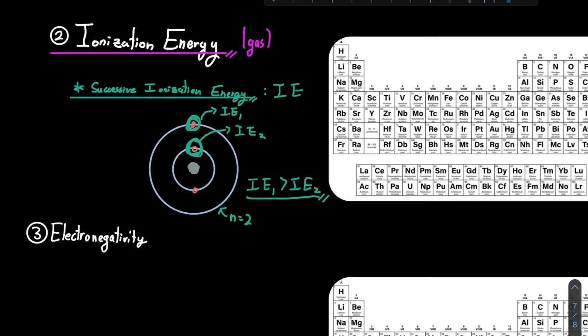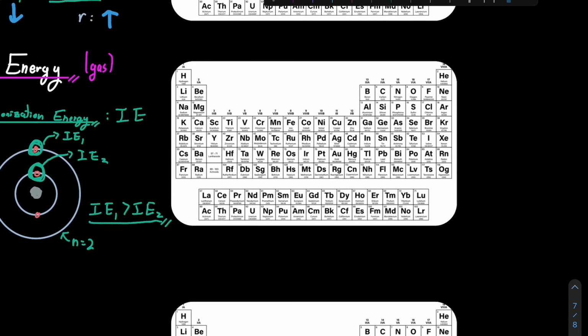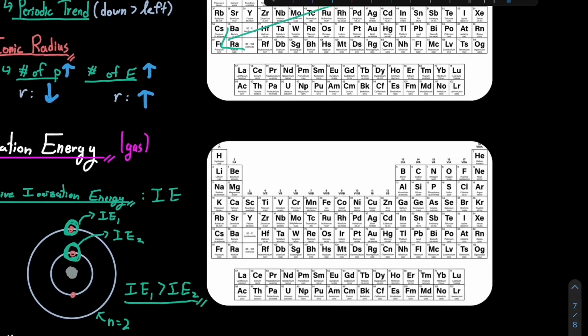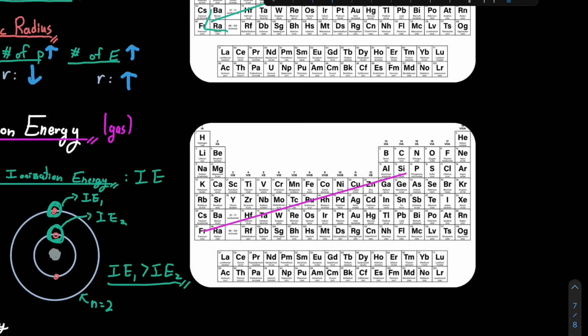ionization energy works. And ionization energy, when comparing more than one atom, can also have a periodic trait, but it is opposite from the atomic/ionic radius. It actually goes bigger as it goes higher and to the right.